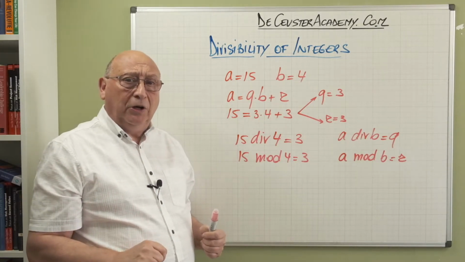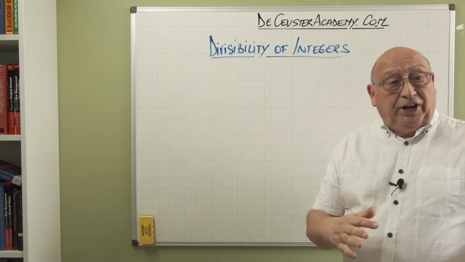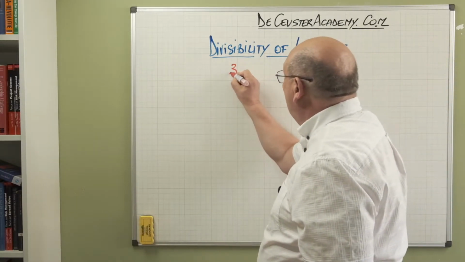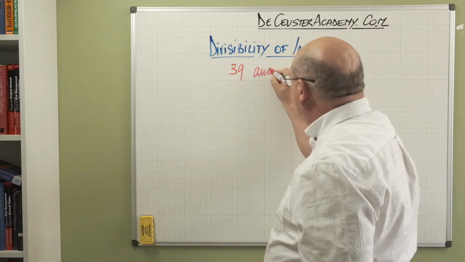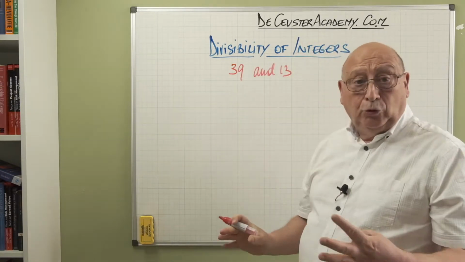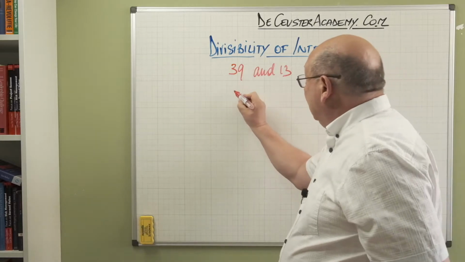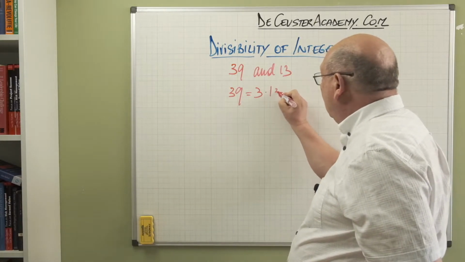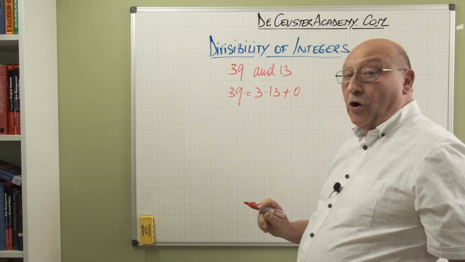Let's have a look at some other exercises. Another example is 39 and 13. So what do we have here? I can say 39 is 3 times 13 plus 0.